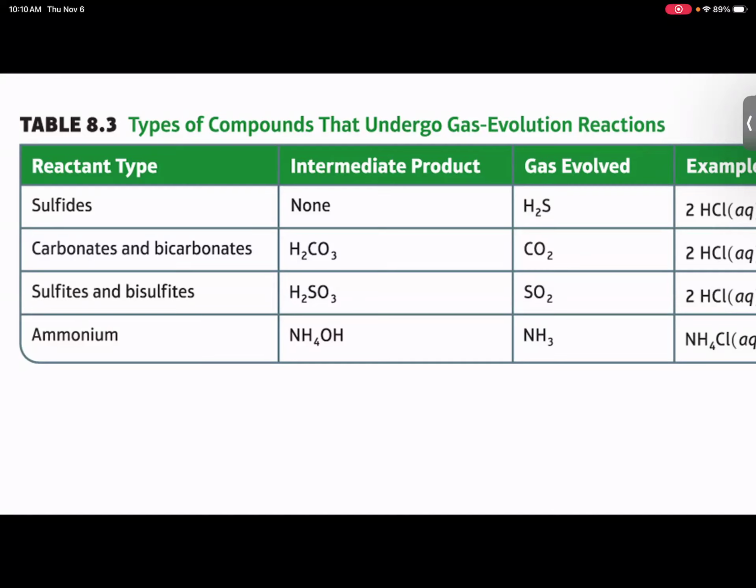You take sulfites and bisulfites, SO3 and HSO3. If you react a sulfite or a bisulfite with an acid, you're going to get sulfur dioxide as one of the products being produced.